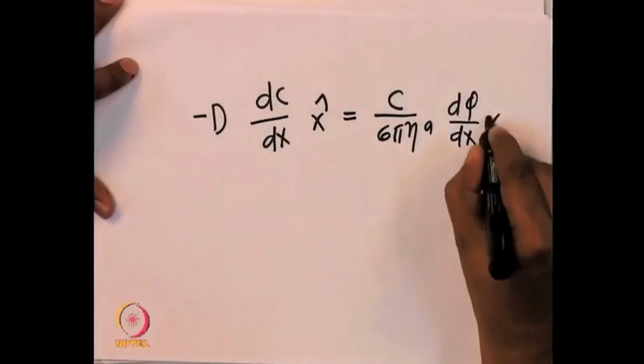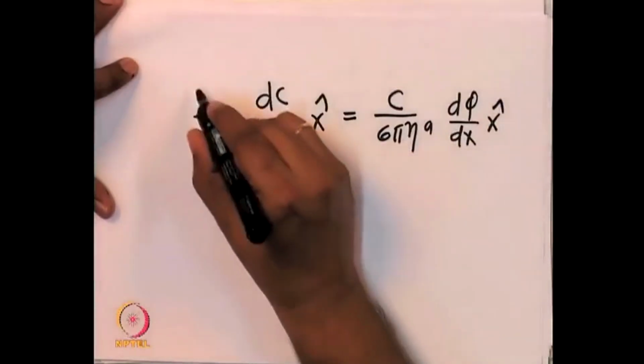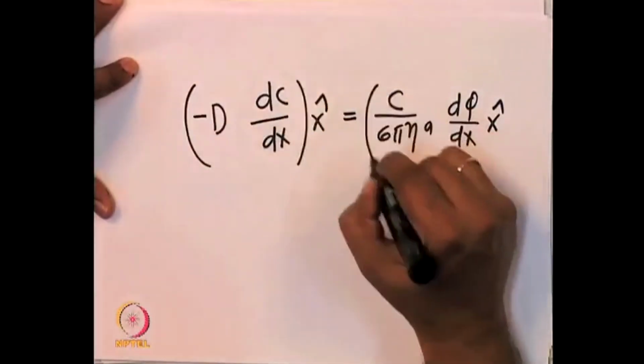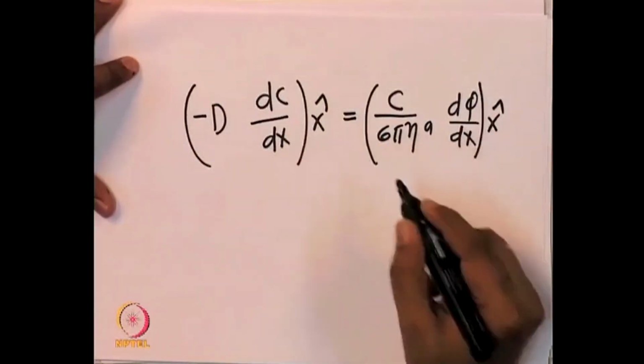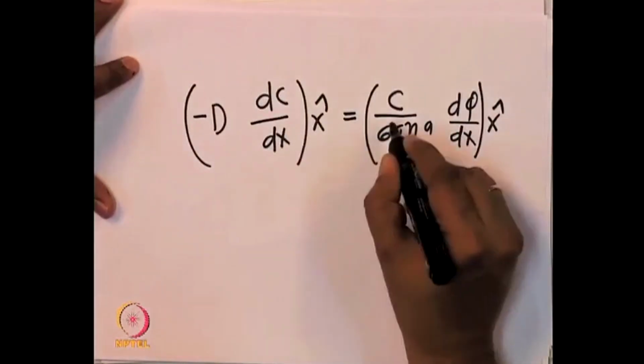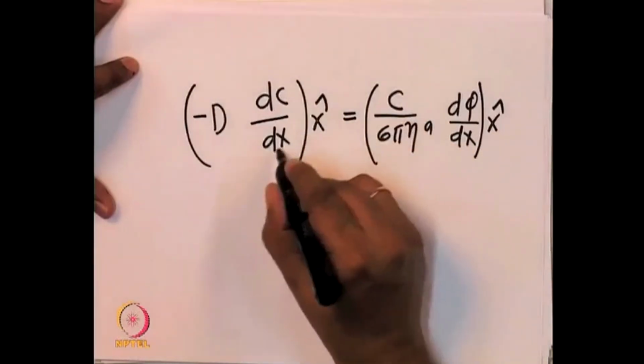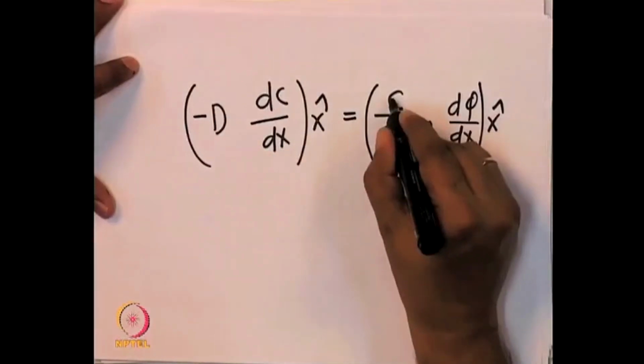So, this is also x cap. So, this quantity in the brackets, they will be equal. Now I can take this c here and this dx there.